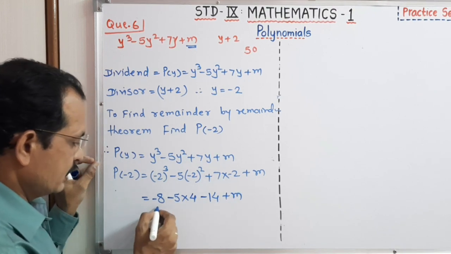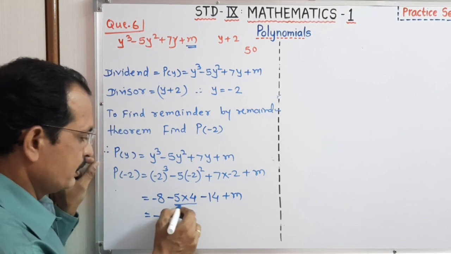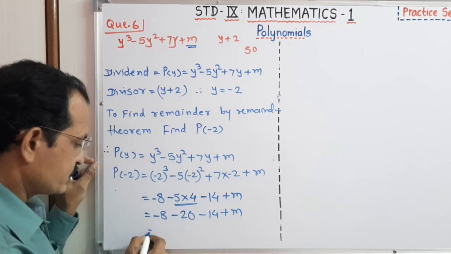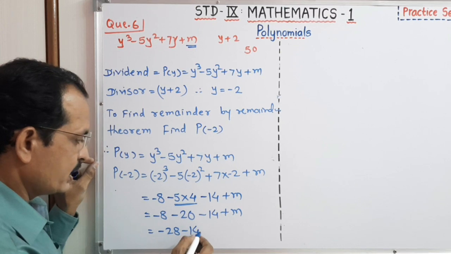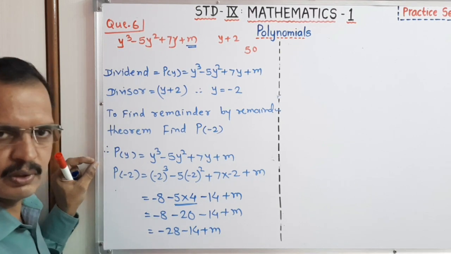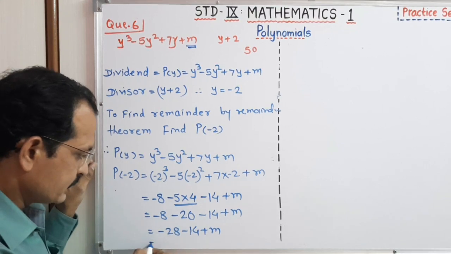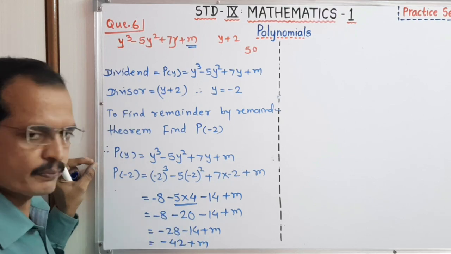Here it is minus 8 minus 20, minus 14 plus n. Now see here, it is minus 28 minus 14 plus n. Very simple calculation is there, you can understand it. Now here it is minus 42 plus n.